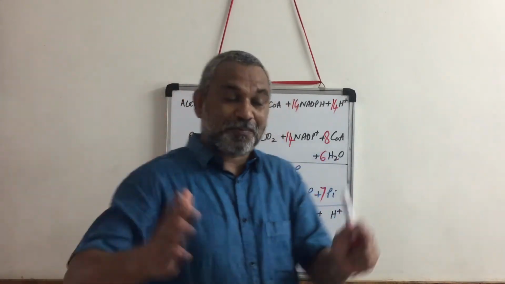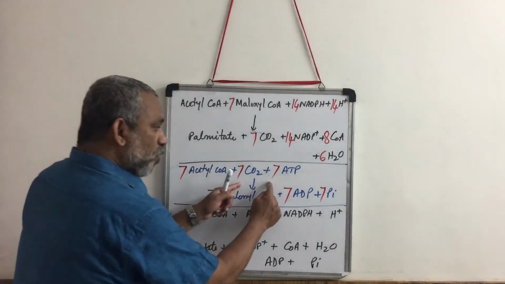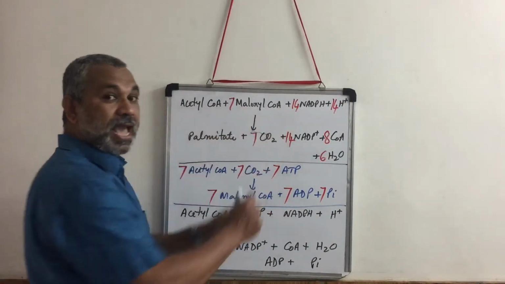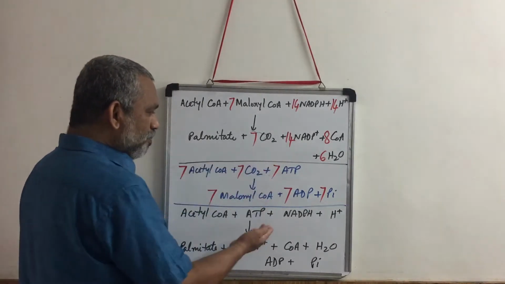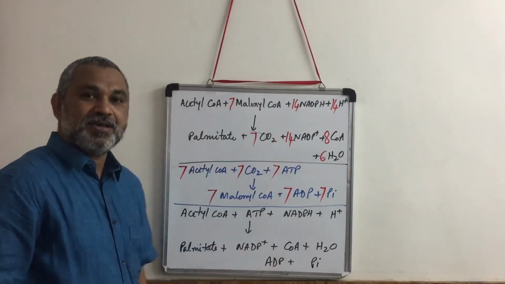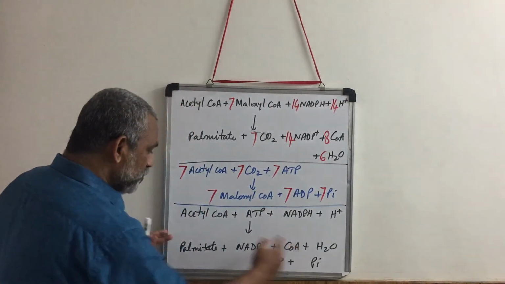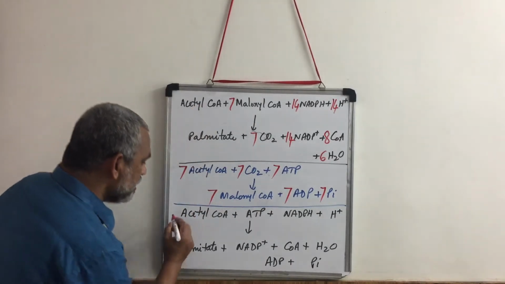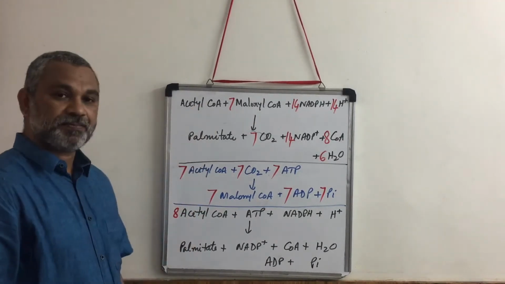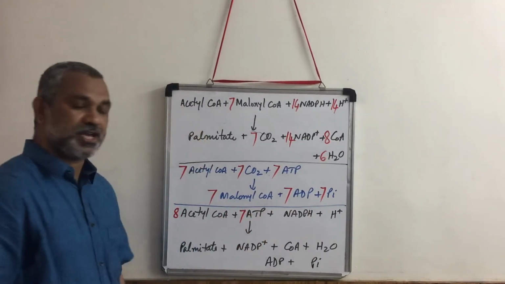Now let us incorporate this malonyl here. So this whole thing is transferred here, and let us make a summary form. Whatever is common, CO2, CO2, all that is common, we will eliminate. So you will come up with this formula, that is totally 7 plus 1, 8 acetyl-CoA molecules. The number of ATP that you require is 7 ATP molecules.